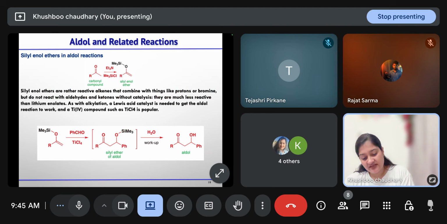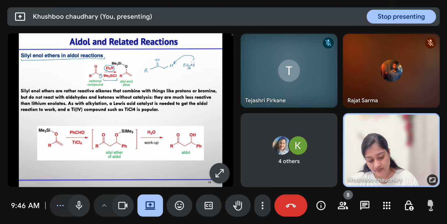Now the other aldol equivalent is silyl enol ether. So silyl enol ether will be formed if we are treating a carbonyl compound with a base, triethylamine, and then quench it with trimethylsilyl chloride, TMSCl. So how will this reaction take place? Your base will take the alpha proton, and the enolate will first generate.